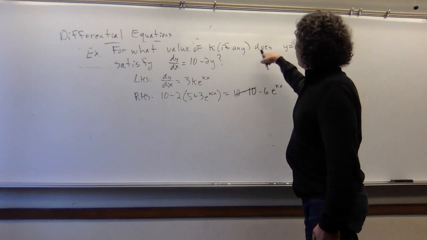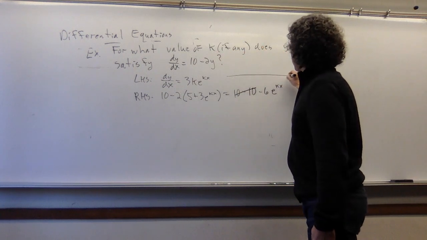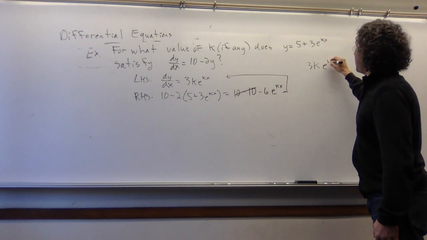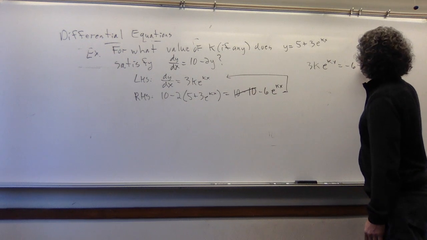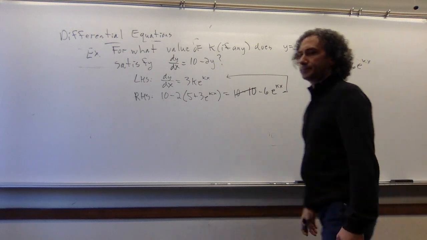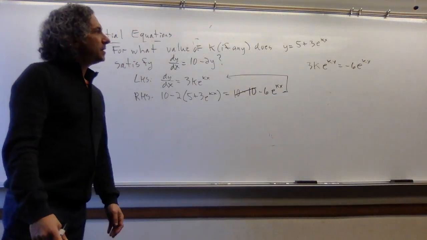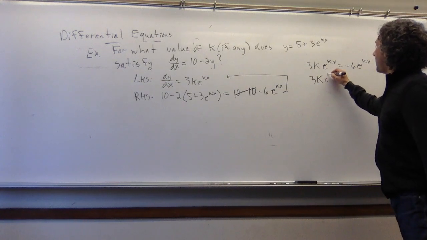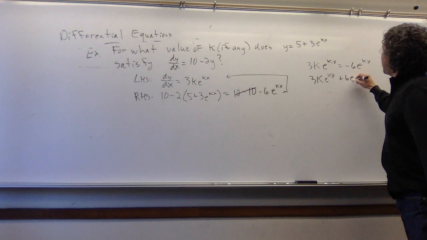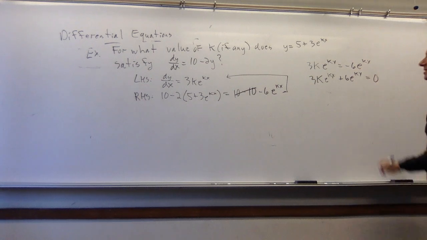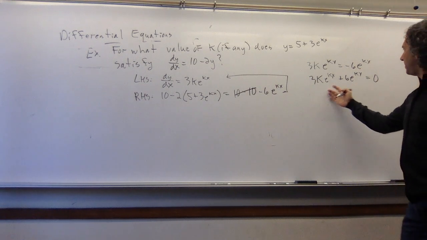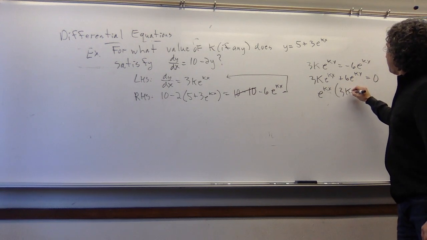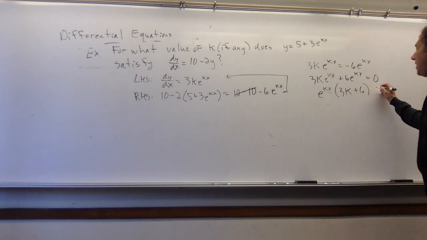So for what value of k does this satisfy this? Well, we need these two to be equal. So we need 3k e to the kx to be equal to minus 6 e to the kx. So what I'll do is bring everybody to one side. 3k e to the kx plus 6 e to the kx, set that equal to 0. Let me factor, so we get e to the kx times 3k plus 6 equals 0.